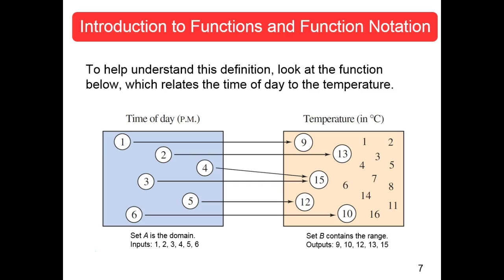This assigns to each time of day from 1 to 6 in the evening, on the hour, we hang a thermometer on the tree out there, and at each hour you record a temperature. Now, the hour is your input, the domain. The temperature at those times, that's the range.